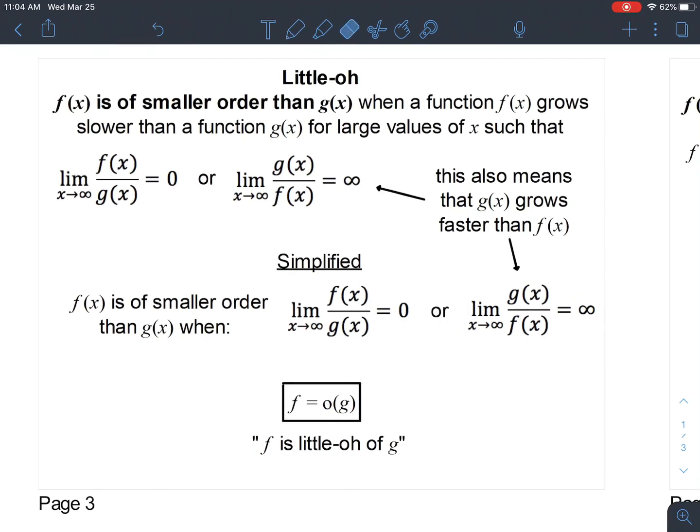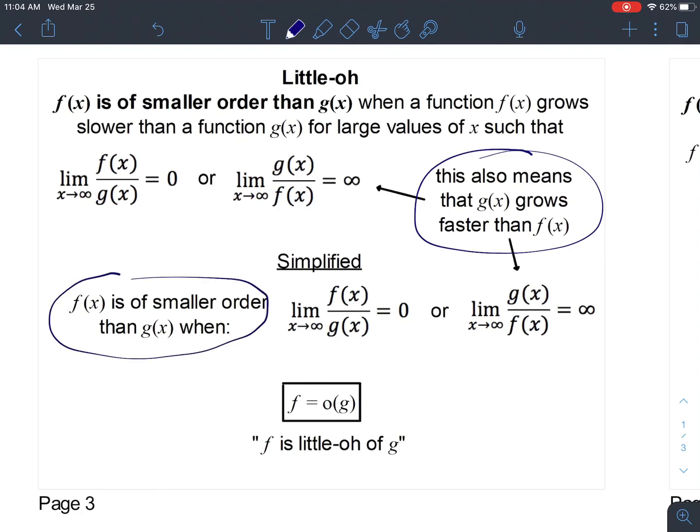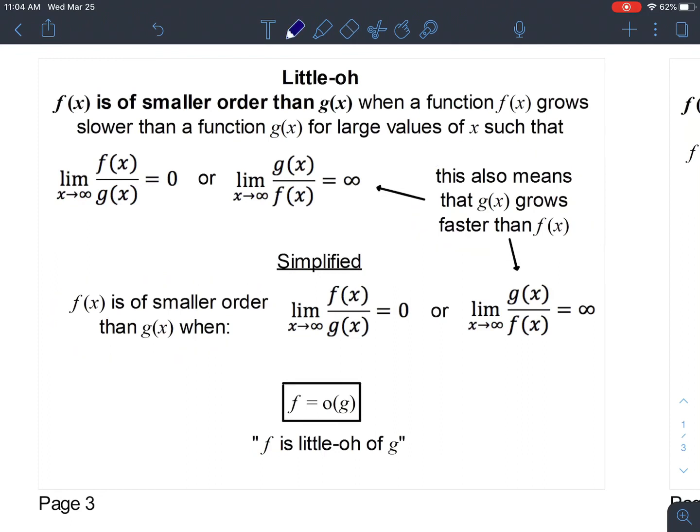When that occurs, we get these results here, that g of x grows faster than f of x, or the official phrasing, f of x is of smaller order than g of x. I'm sorry, there's a lot here on this slide. I apologize if it's really confusing. The last part is the notation here, and we read this out loud as f is little o of g.